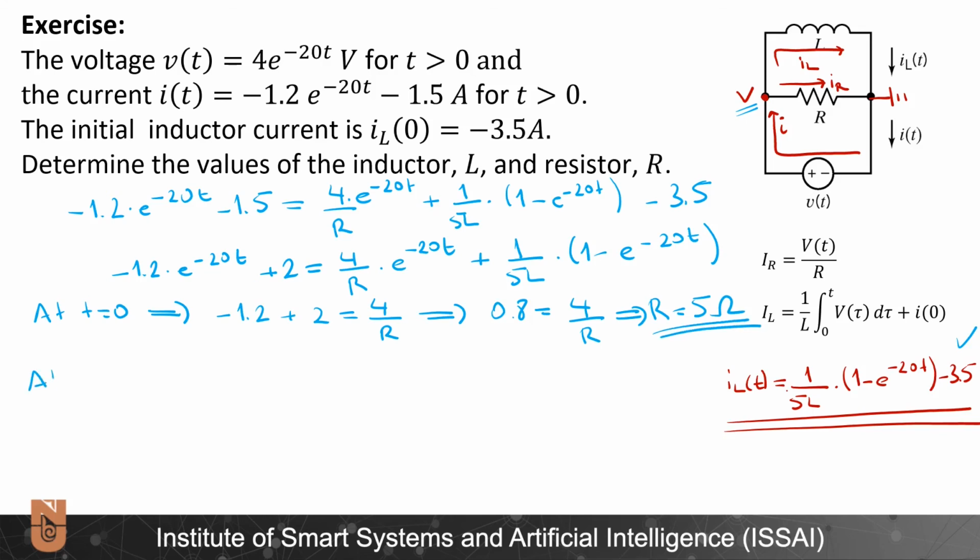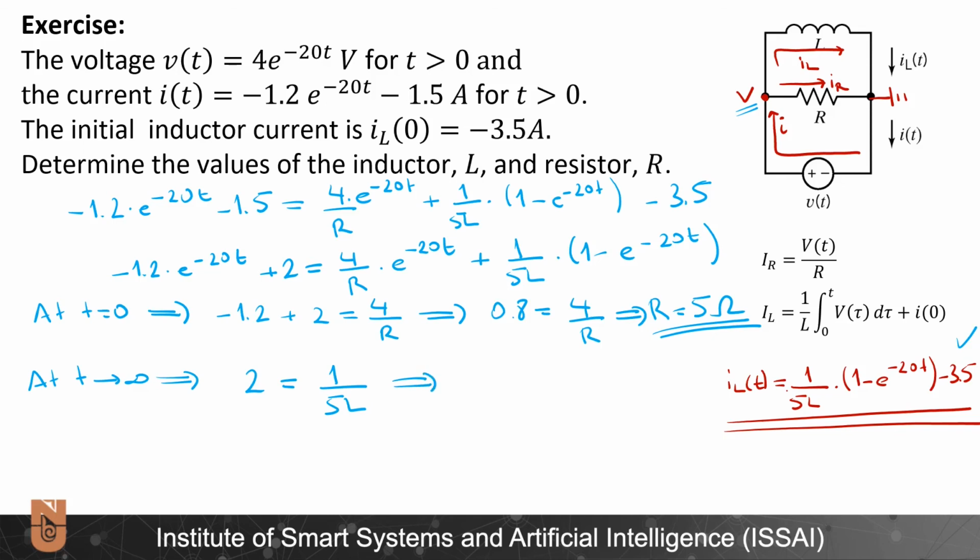Now, how will I find L? Let's try to evaluate this expression at t goes to infinity. What will we have? All of these exponential terms will converge to 0 because it is e to the minus 20 times a very big number. So I will have only terms with constants. Minus 1.5 is equal to 1 over, oh no, just not minus 1.5. 2 is equal to 1 over 5L.